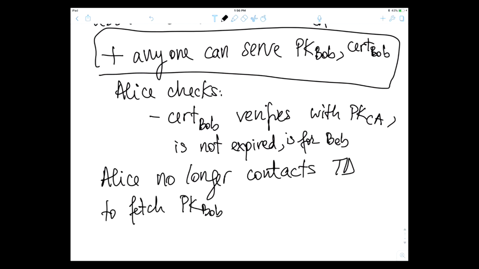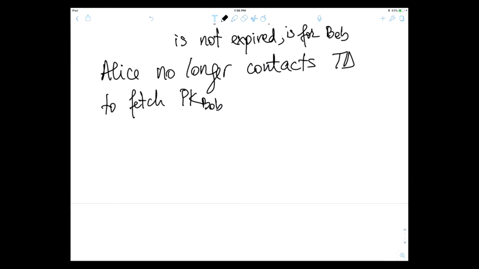She can contact the local server or anyone. Okay, so there isn't so much of a point of failure. Of course, at some point it has to come back up to update public keys, but if it failed for a moment or something, it's not such a big problem. Also, it helps with the burden on the certificate authority and this TD, because it doesn't have to be contacted for every request.